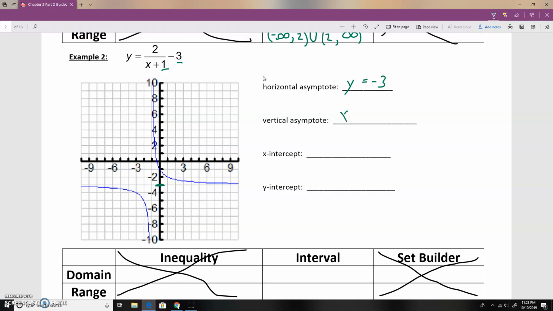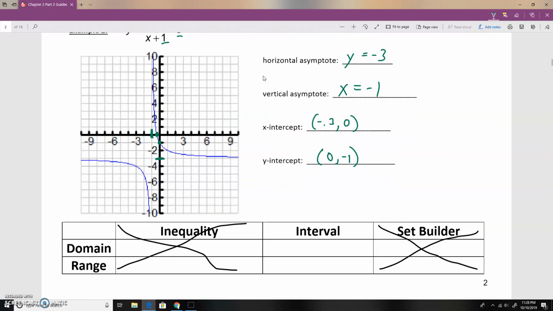Our vertical asymptote is going to sit right here at a value of x equals negative 1. Our x-intercept, which again we can use the calculator to find, is going to be at negative 0.30. That's right here. And our y-intercept is right there at 0, negative 1.